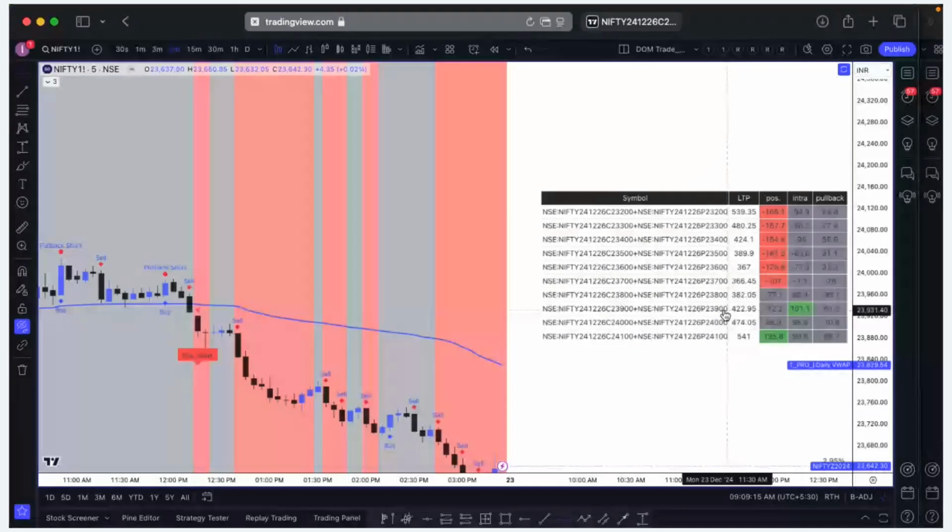And the same concept is applied to the positional also, because whatever change happens on intraday will slowly be reflected into positional. As I told you, we are operating in two different time frames: 5 minutes and 30 minutes. 30 minutes is the higher time frame and 5 minutes is the lower time frame.